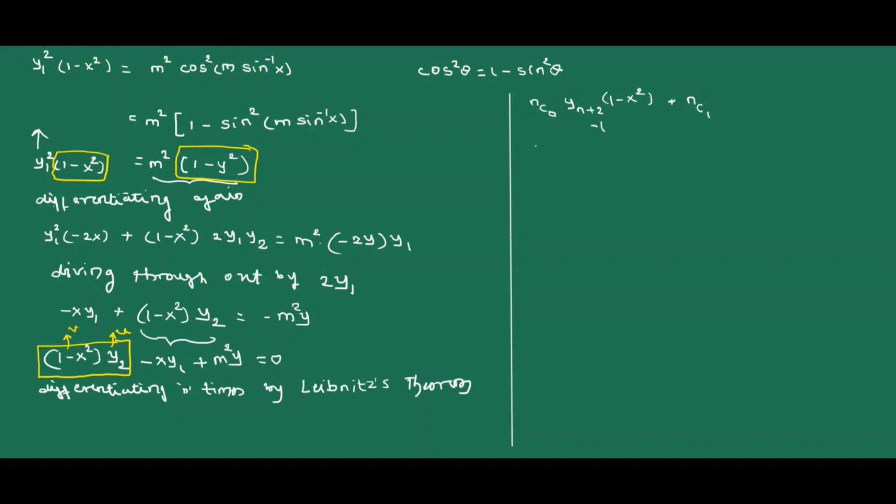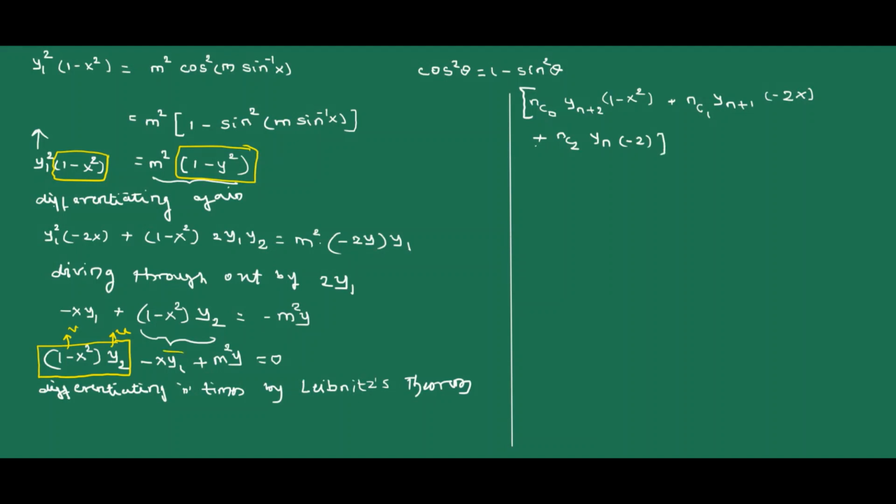Here we add minus 1 so that you get y_{n+1}. The differentiation of 1 minus x square is minus 2x, plus the next term nC2. Here you add minus 1 so that you get y_n only, and the differentiation of minus 2x is minus 2. The next term you will get 0. So this is the nth derivative of (1 minus x square) y2.